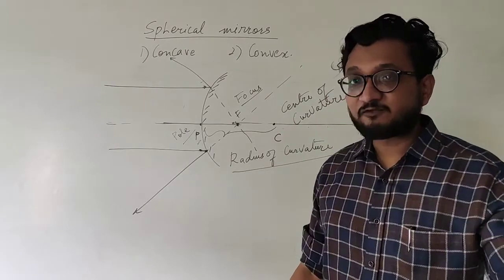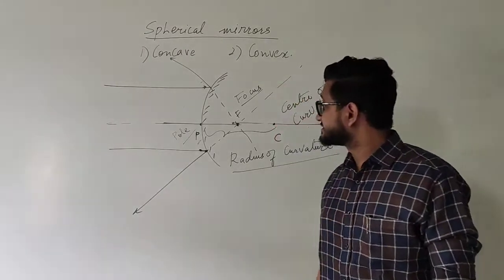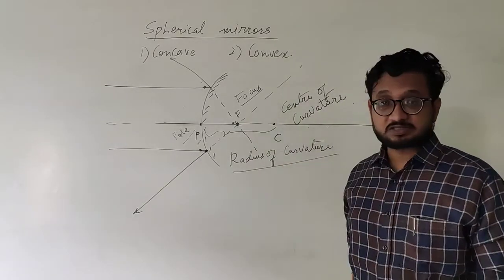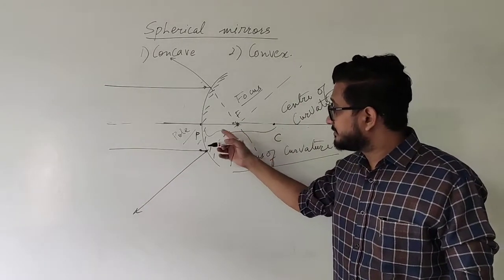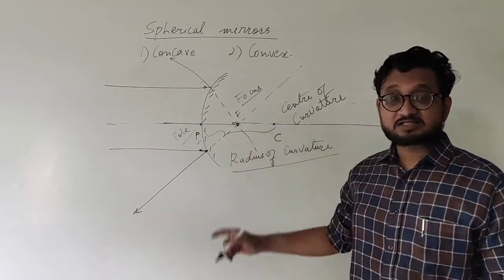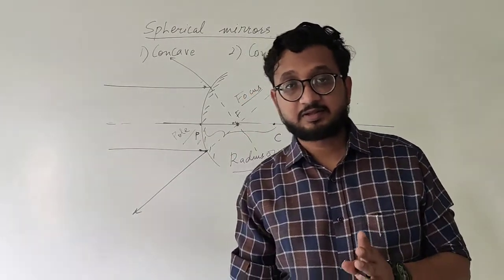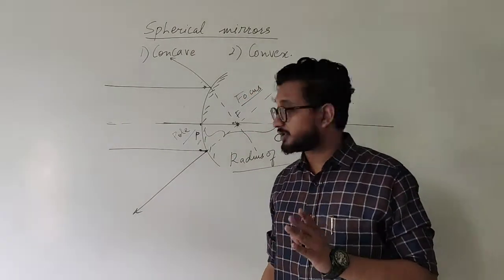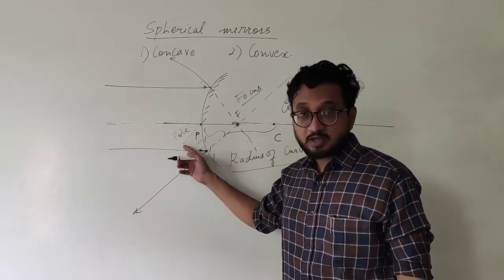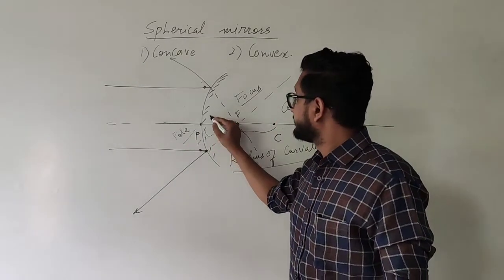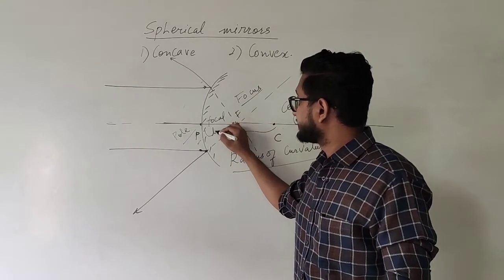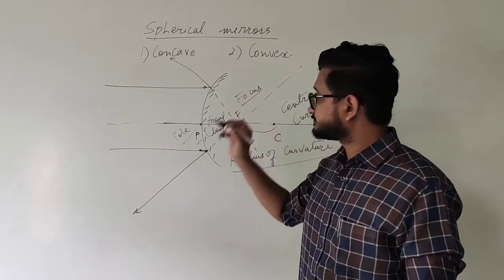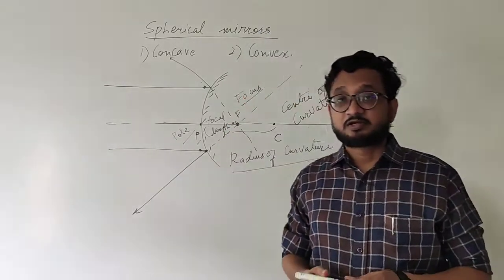Now the last thing for us to learn today is this point of focus. The distance between pole and focus is called focal length, and this is really important. The distance between pole and focus is called focal length. Okay, students?